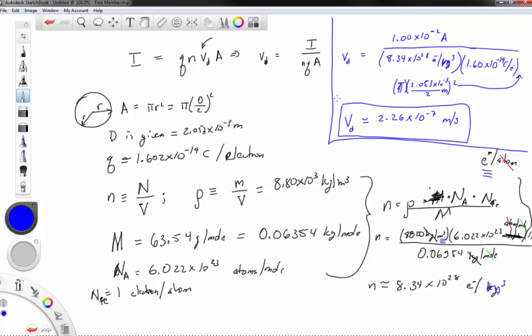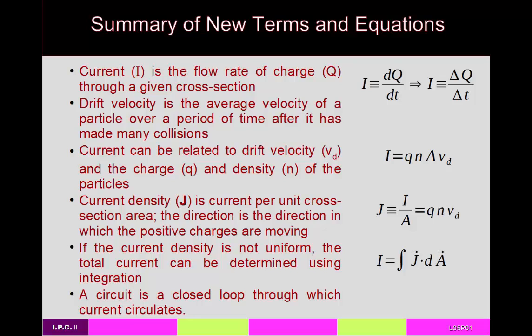But it's because there are so many electrons being contributed to all of this that we are able to do it this way. So you can have a very small drift speed, but because there are a large number of electrons, even compared to the charge itself, you end up with a pretty large current as a result. 1 amp is a fairly large current, by the way.